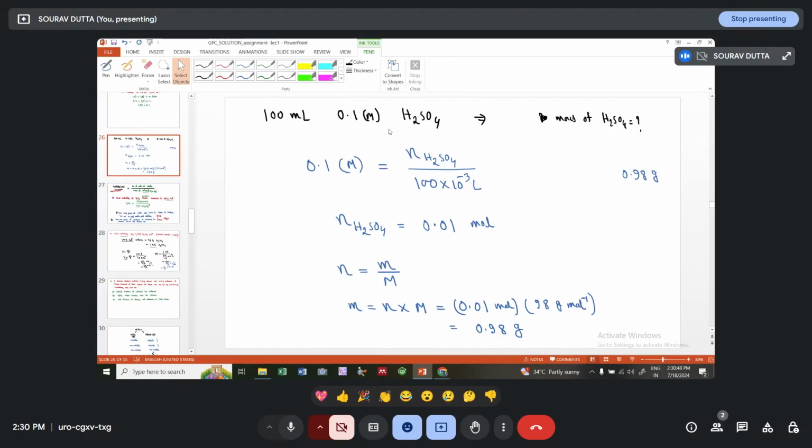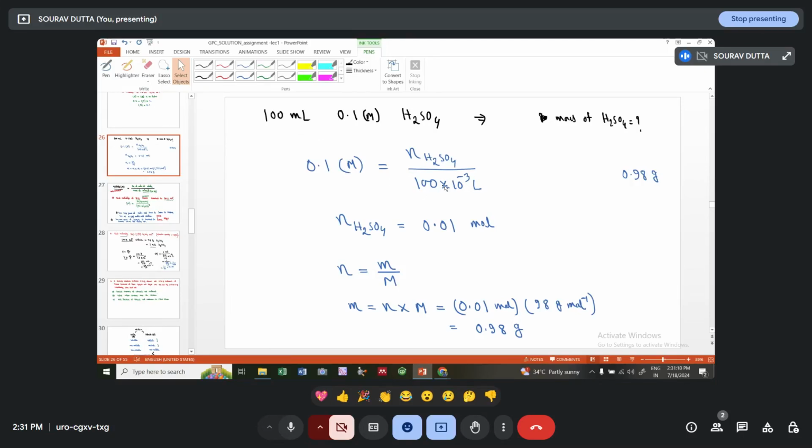100 ml of 0.1 molar sulfuric acid. If you have to prepare 100 ml of 0.1 molar sulfuric acid, how much mass of sulfuric acid has to be taken? According to the formula, 0.1 molar equals the number of moles of sulfuric acid divided by the volume of the solution in liters. The mole number is not given to us.